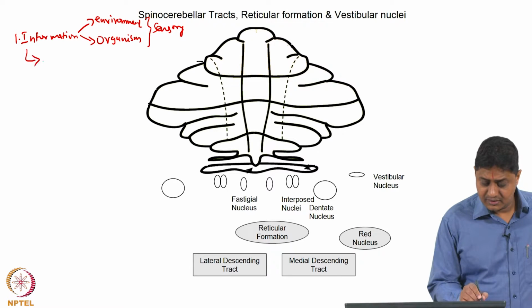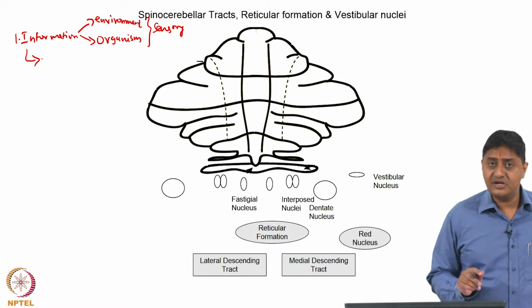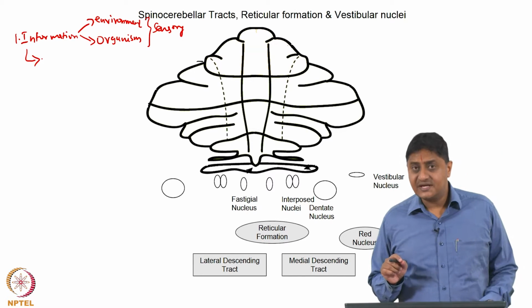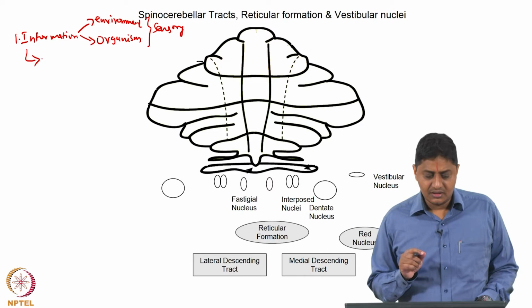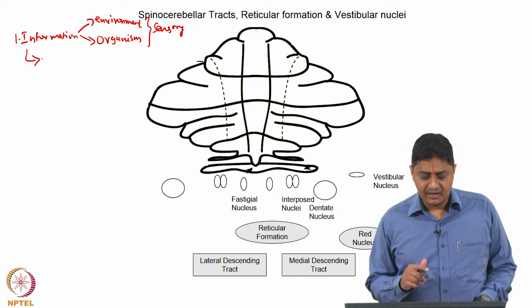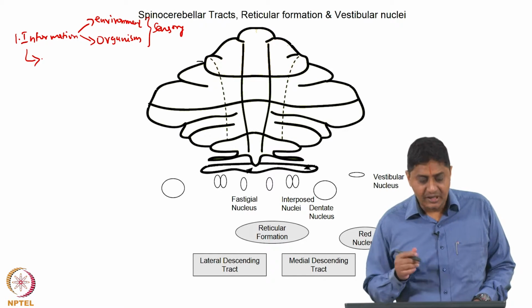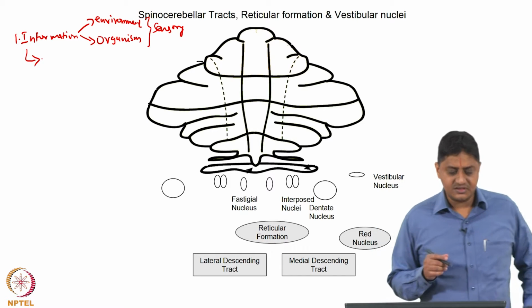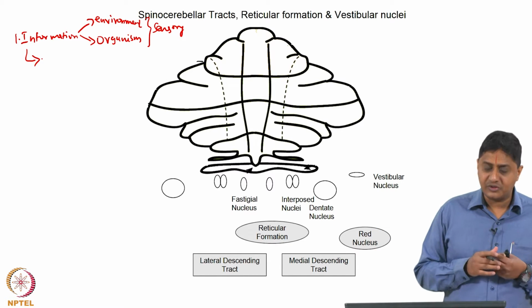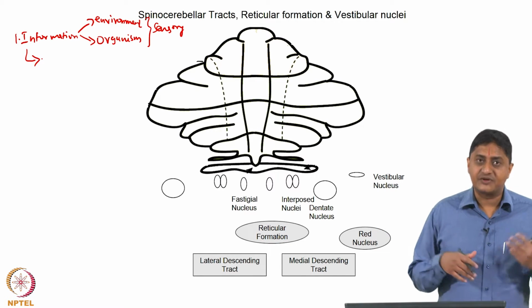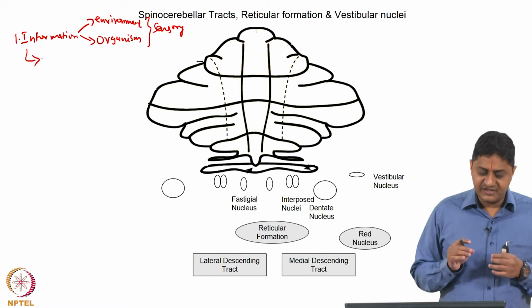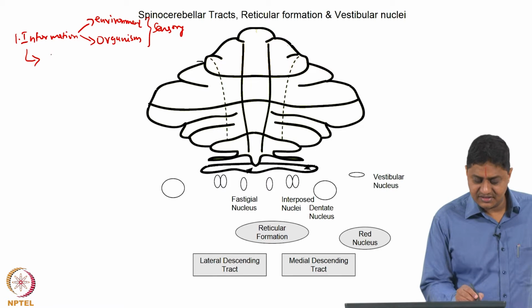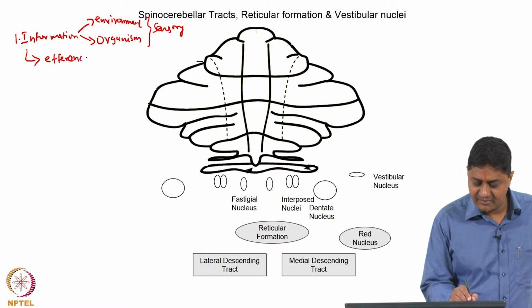Also there is information that is sent to the spinal motor neurons that is sent to the cerebellum as well. So, that means alpha and gamma motor neurons receive commands from other systems, a copy of these commands is sent to the cerebellum.